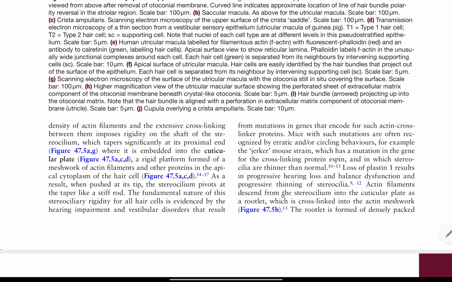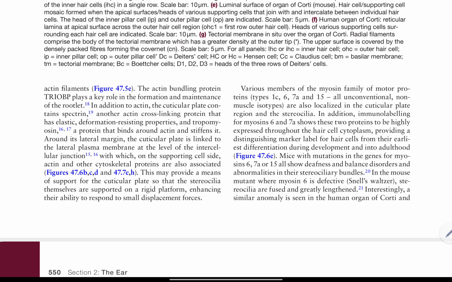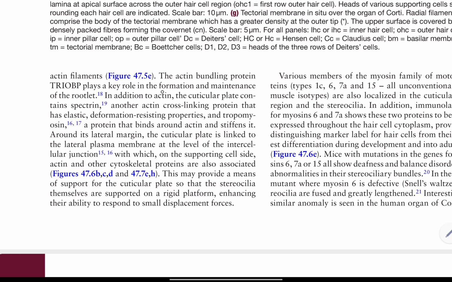Actin filaments descend from the stereocilium into the cuticular plate as a rootlet which is cross-linked into the actin meshwork. The rootlet is formed of densely packed actin filaments. The actin bundling protein TRIOBP plays a key role in the formation and maintenance of the rootlet.